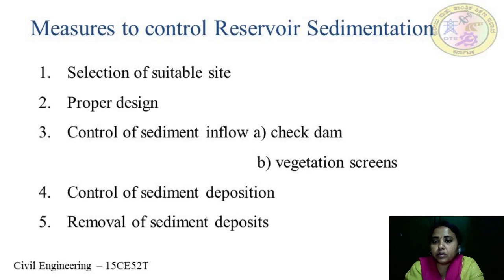And next one is control of sediment inflow. The inflow of sediment to a reservoir can be controlled by two methods: one by check dams and the other by vegetation screens. Check dams are small dams which are constructed on a stream to trap the sediments that are carried into the reservoir.